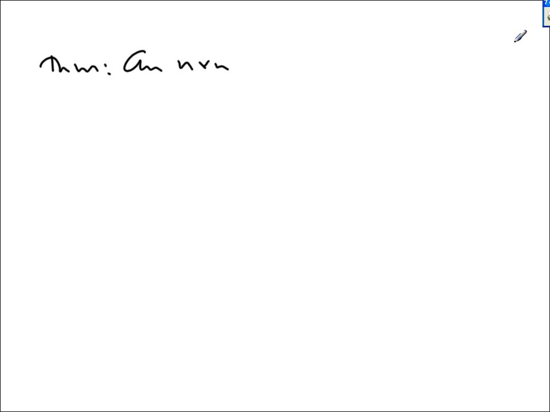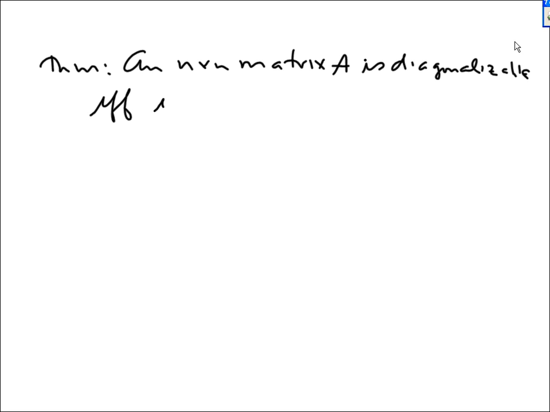An n by n matrix A is diagonalizable if and only if the matrix A has n linearly independent eigenvectors.